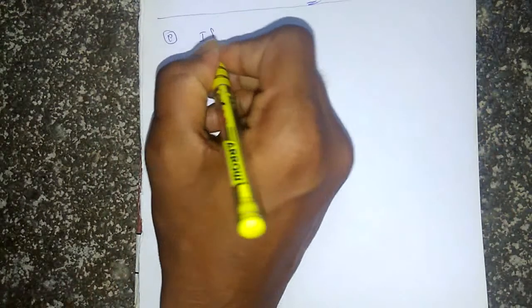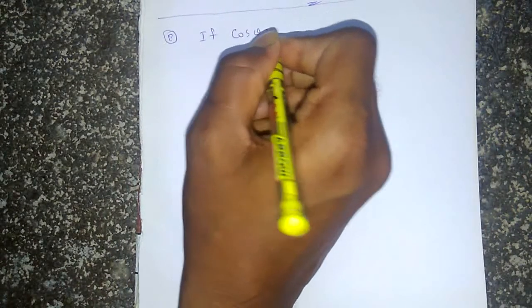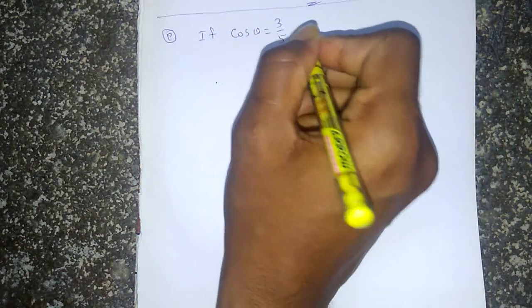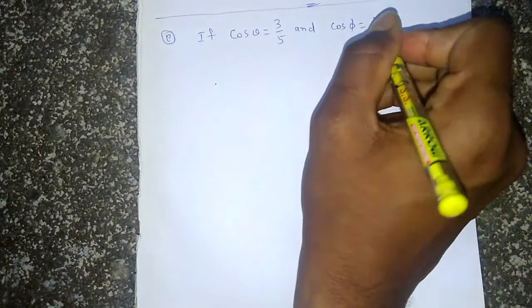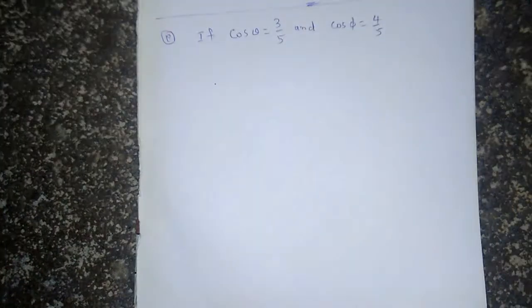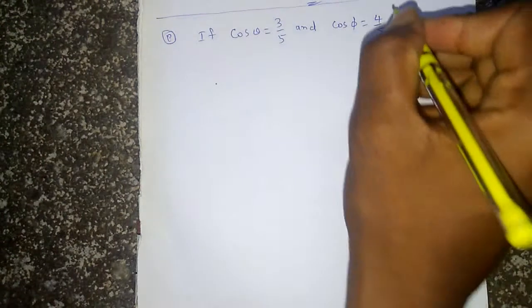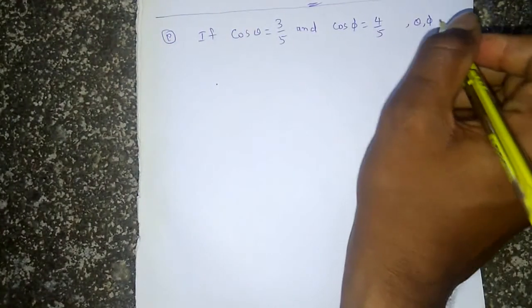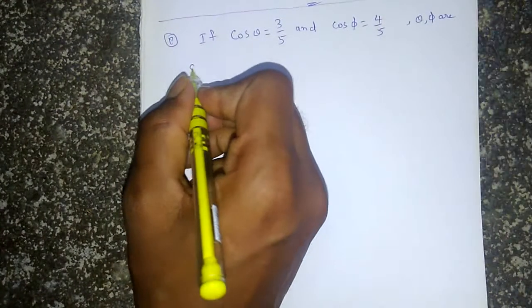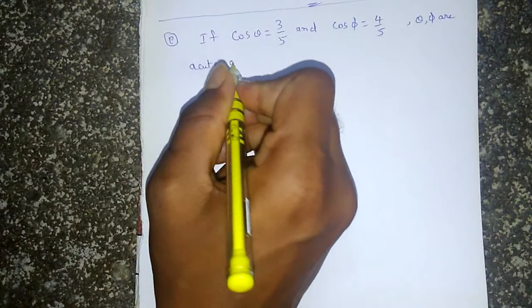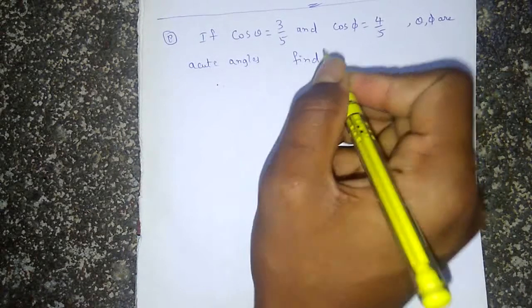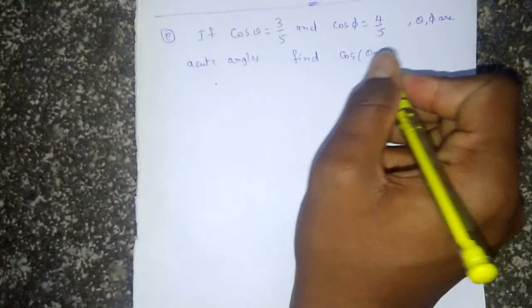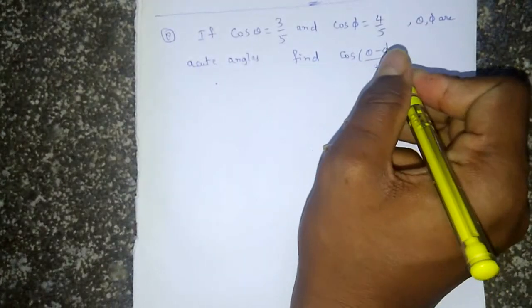The next problem is, if cos theta is equal to 3 by 5 and cos phi is equal to 4 by 5, and theta comma phi are acute angles, then find cos of theta minus phi by 2.